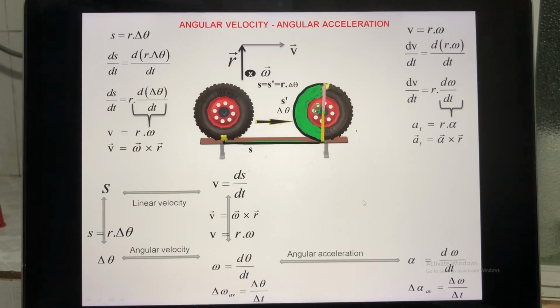If you forget it, you can watch again yourself. If you have velocity, you can calculate the linear acceleration this way. And now you have a relation between tangential acceleration and angular acceleration this way. So this one is nearly the summary of this slide.